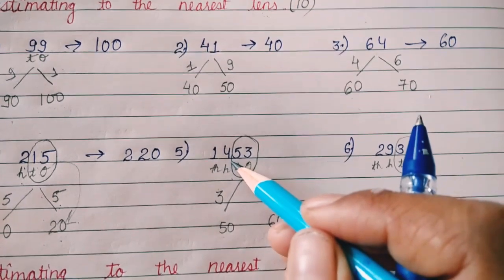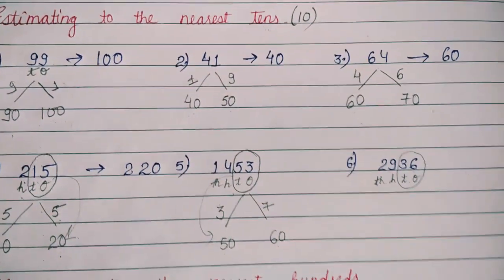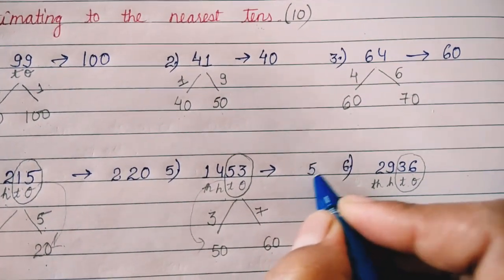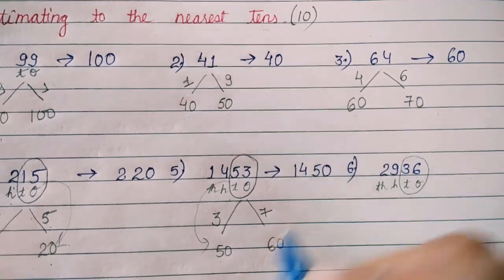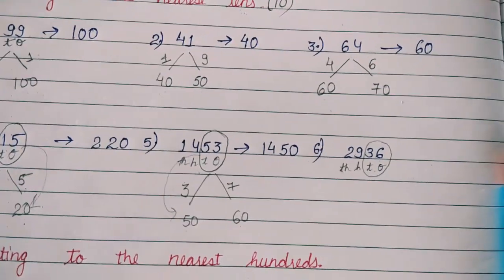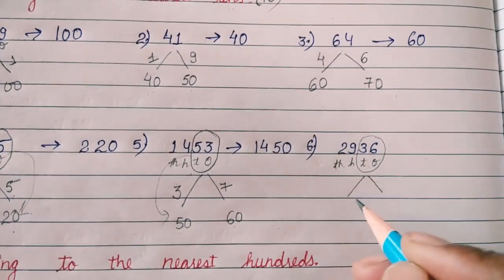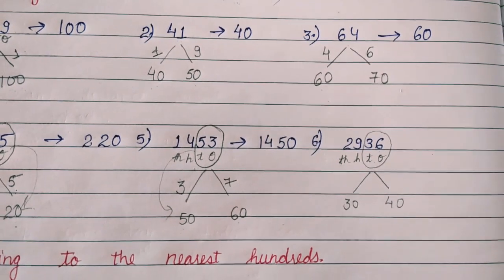Yes, we will find 53 fast from 50. So we will estimate 53 as 50, and this 14 will come as it is before 50. Now the last is 36. 36 is coming in between 30 and 40.